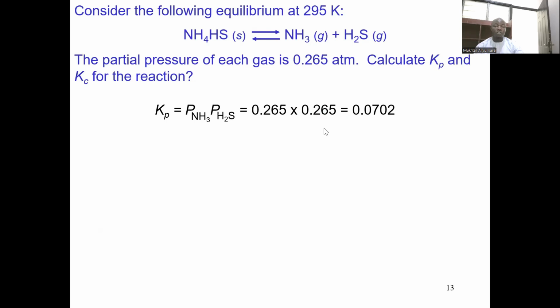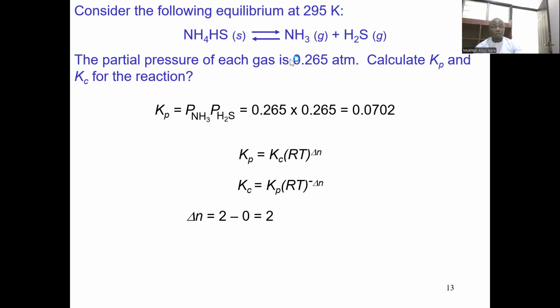So since we have Kp, then from the relationship, the formula that says Kp is equal to Kc (RT) raised to the power of delta n, we are going to apply this formula. Of course, Kp is known, R is a constant, and T is given, and then we have delta n. So Kc is equal to Kp over (RT) to the power of delta n.